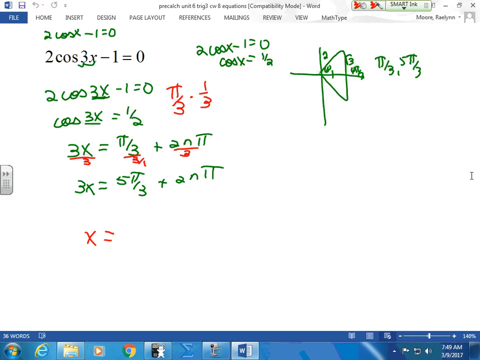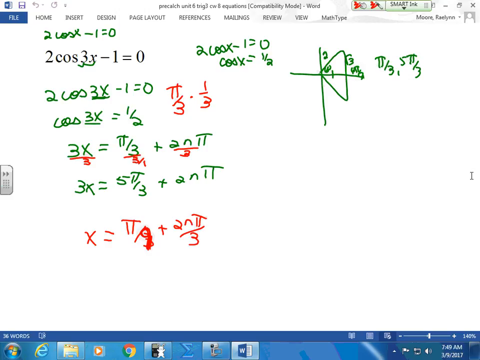What are your rules of fractions? Keep, change, flip. Pi over 9. Sorry, that's a 9. Doesn't that make sense? Isn't 3 times 3, 9? So instead of getting pi over 3, I need pi over 9. I need 3 inside of that thing. But plus 2n pi over 3.